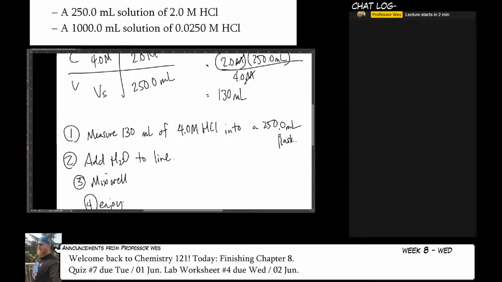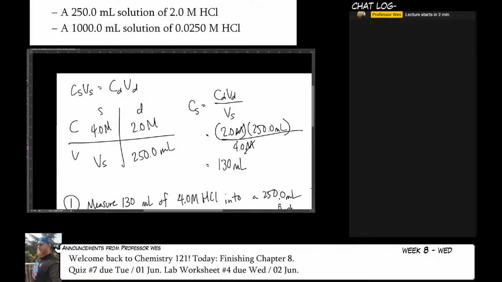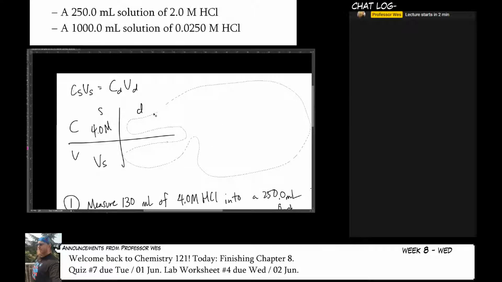And then for the last one, there we go. Now I want 1,000 milliliters of 0.0250 molar HCl. And same procedure as before.